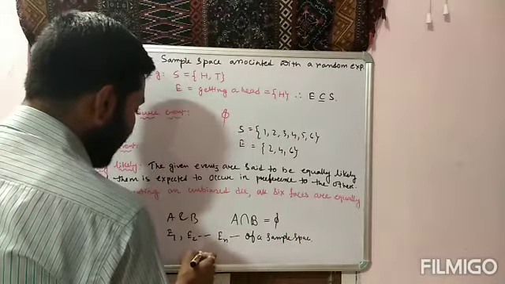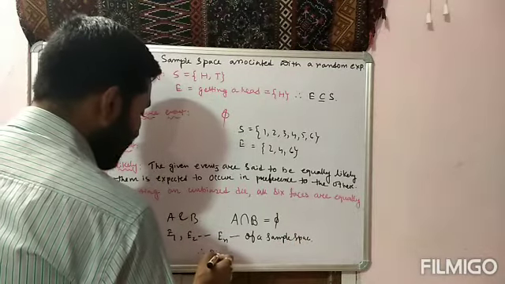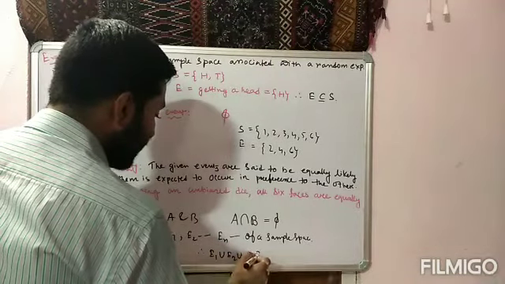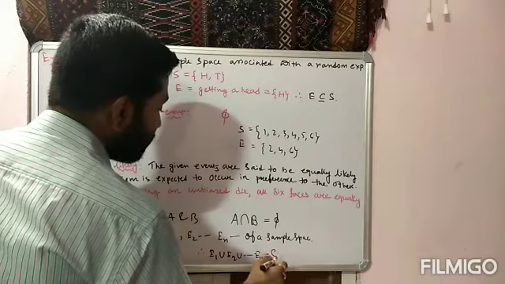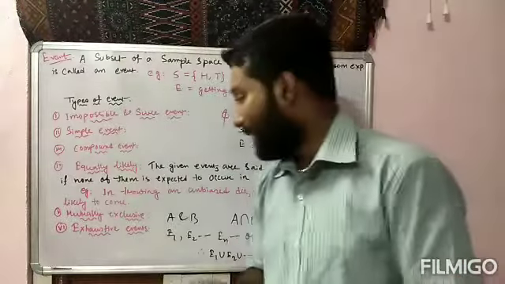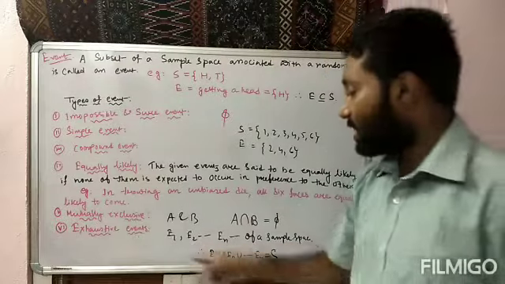Then E1 union E2 union up to En is equal to S, sample space S. This is the meaning of exhaustive event.